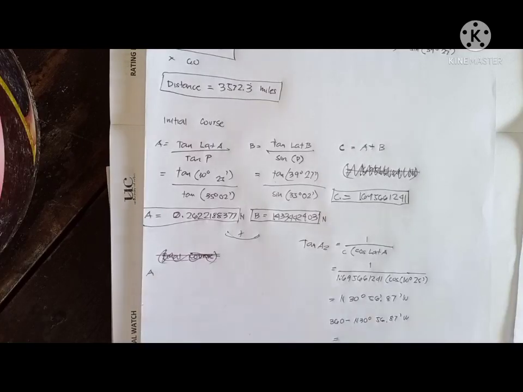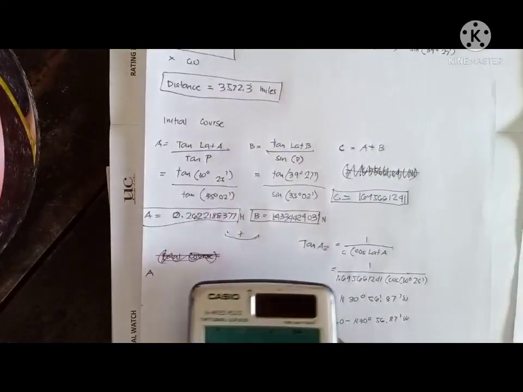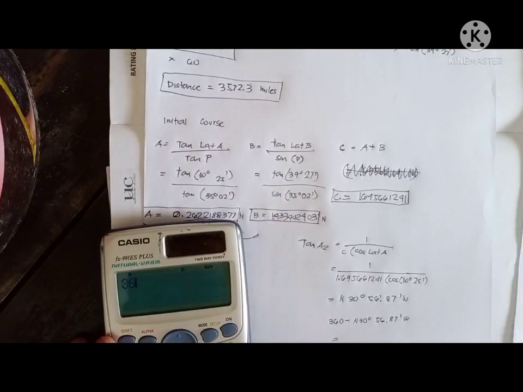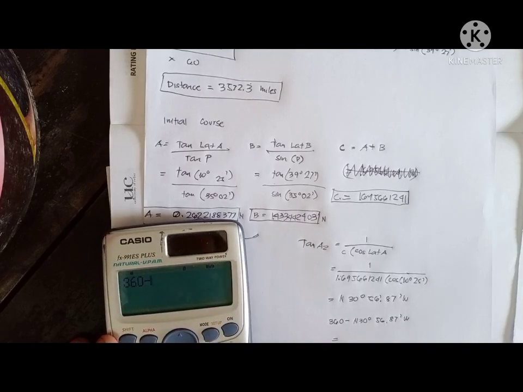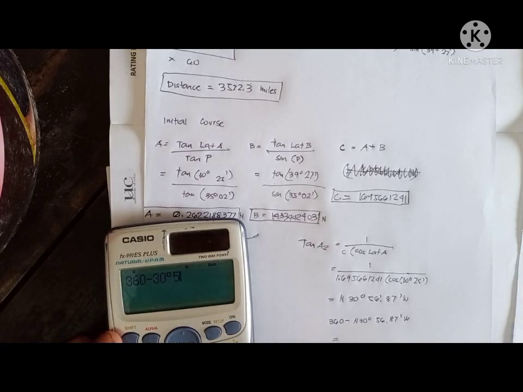So get our calculator again. 360 minus 30 degrees 56.87 minutes.